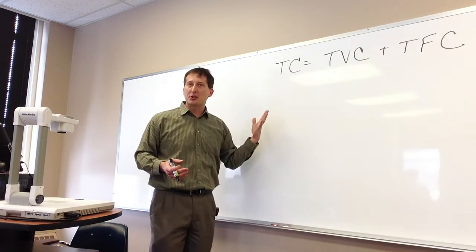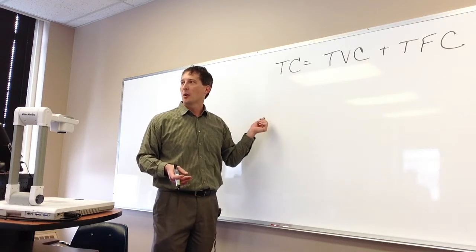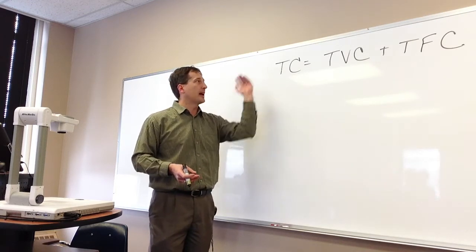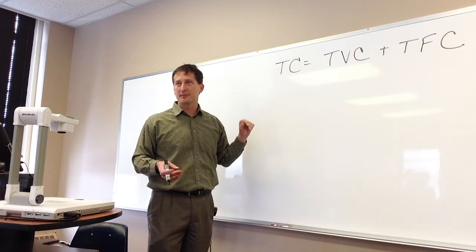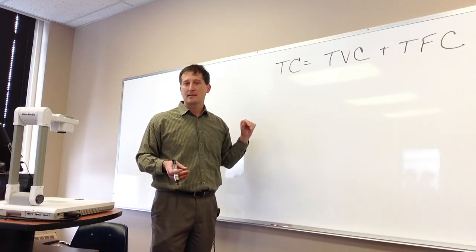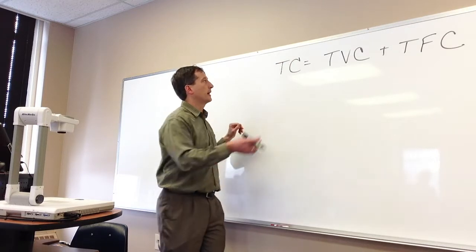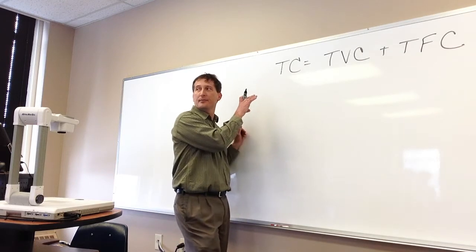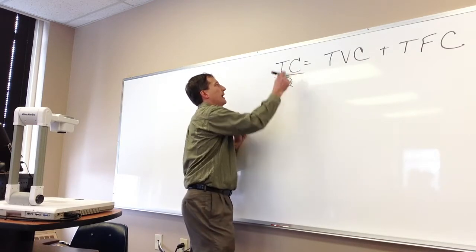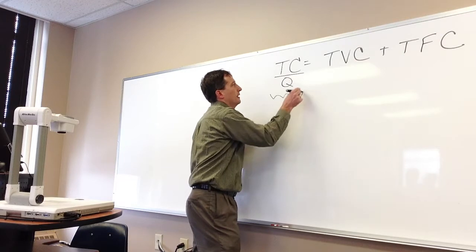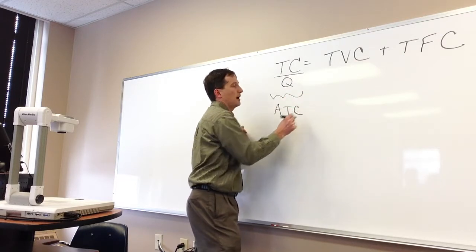Sometimes we deal with averages. So what do we do to get an average analysis going here? Take quantity and do what with it? Divide everything. We divide this to get the average total cost per unit.